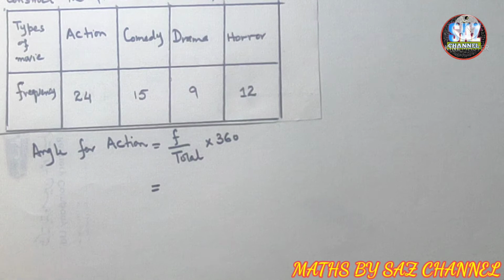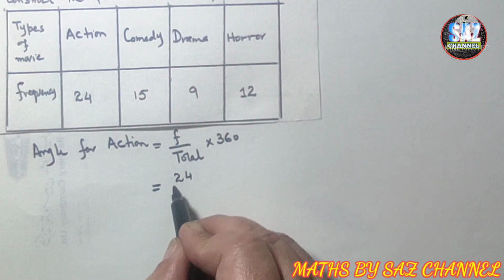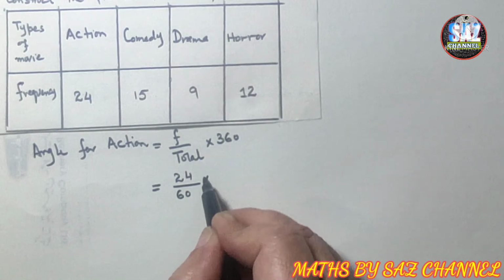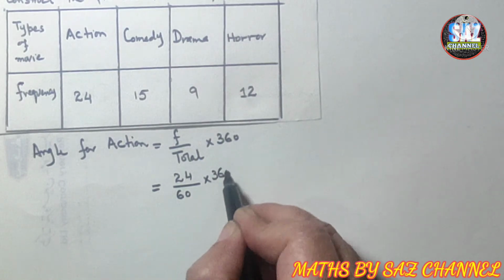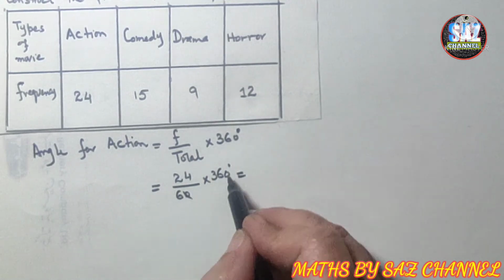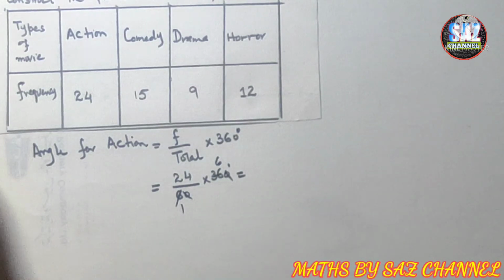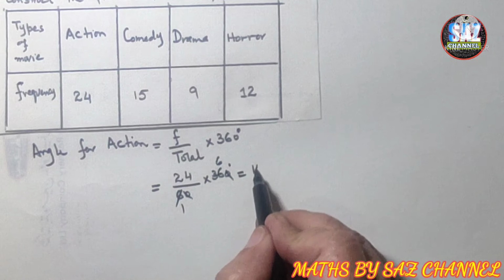And now what we have to do is that frequency is 24 divided by 60 multiplied by 360 degrees. Okay, and now 0 goes with 0, 6 ones are 6 and 6 sixes are 36, and 24 multiplied by 6 is 144 degrees.